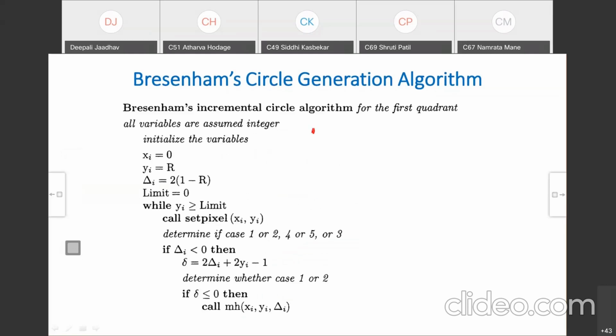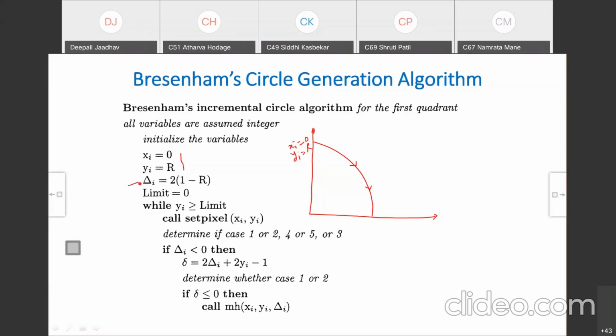The circle we are going to generate clockwise. So initially xi is equal to 0 and yi is equal to r. First xi value 0 and then yi is equal to r. Initially start with that.